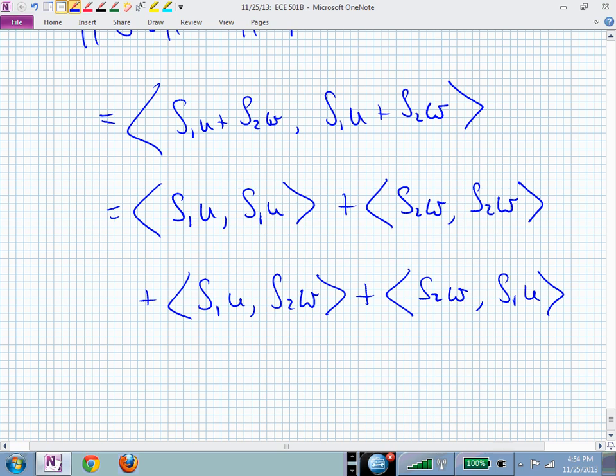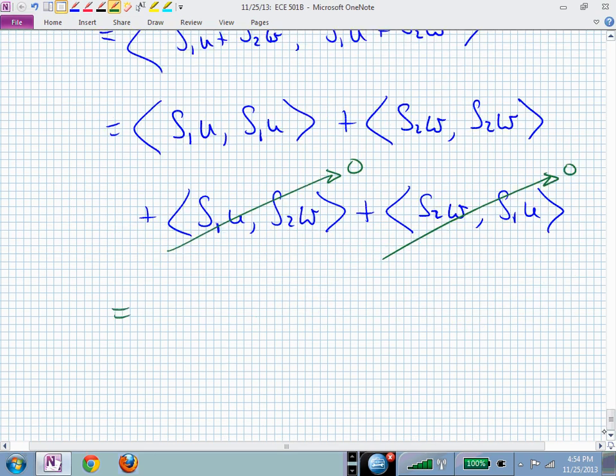Those are orthogonal. These two inner product terms disappear. And now I'm just left with those top two, but those top two look just like norm squareds, don't they? I now have the norm of S1U squared plus the norm of S2W squared.